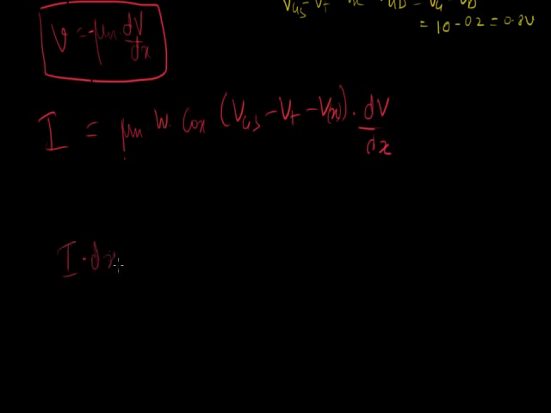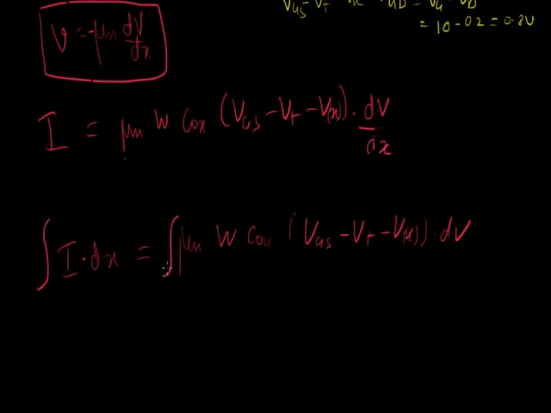So it becomes I dx equals mu n W Cox VGS minus VT minus Vx times dV. Always in physics, maths, or any sciences, whenever you have a dx or a dV in an equation, you want to get rid of those. So what do you do? You integrate on both sides.